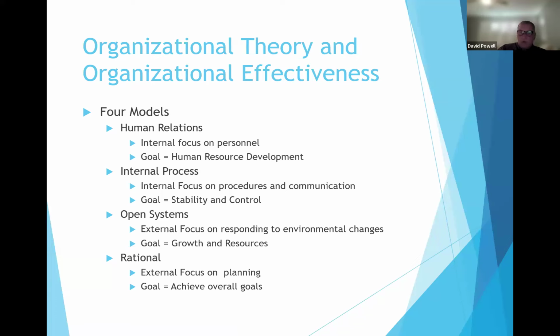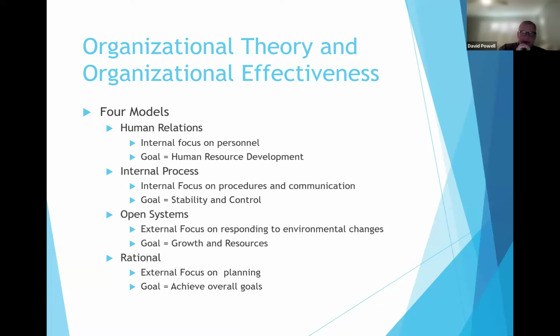Now, the way in which the Quinn-Rohrbach matrix works is that there are two axes. There's a y-axis and an x-axis. A horizontal axis, which is your x-axis, and a vertical axis, which is your y-axis. As you'll see on the x-axis, the models that are to the left are focused internally to the organization.